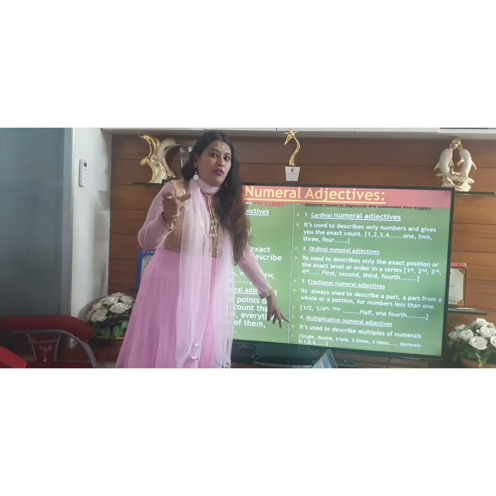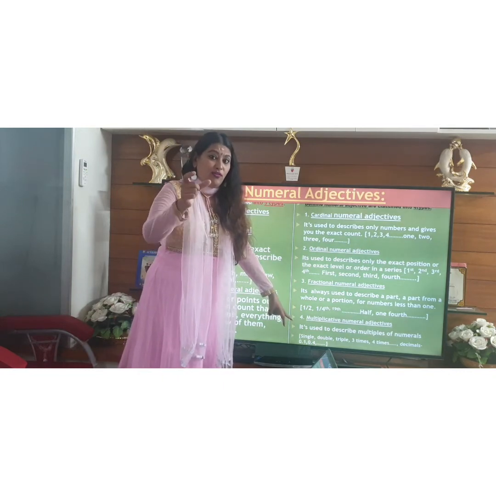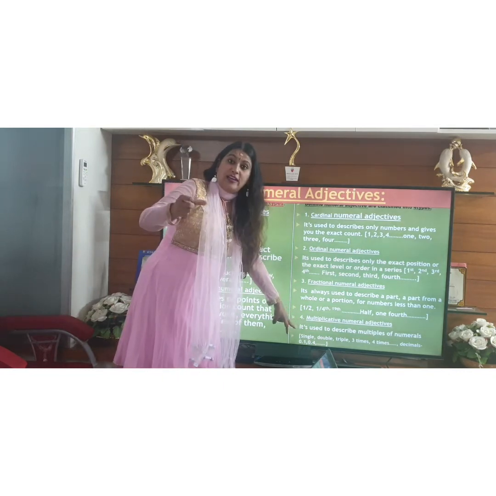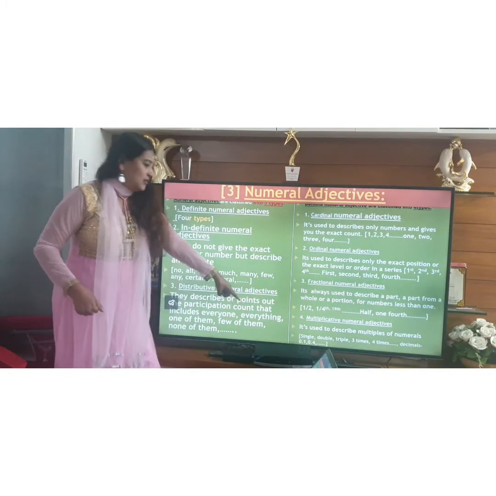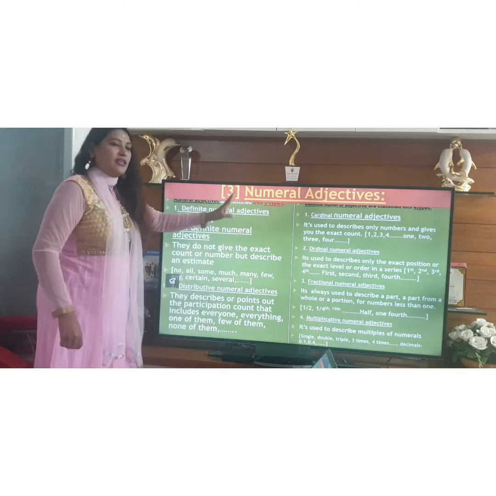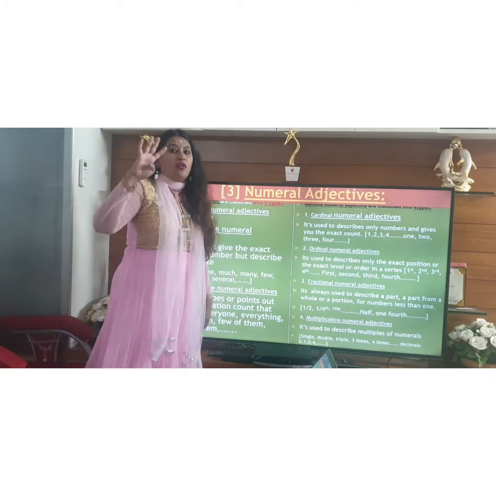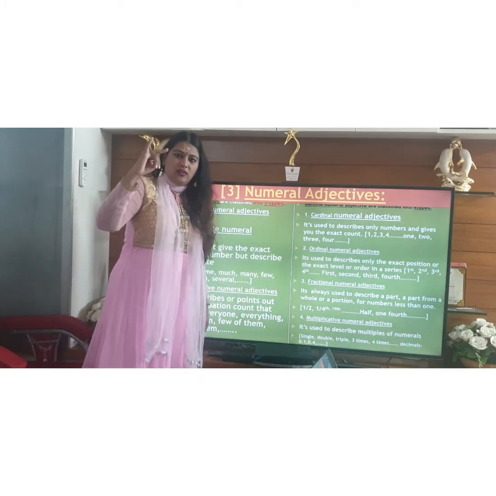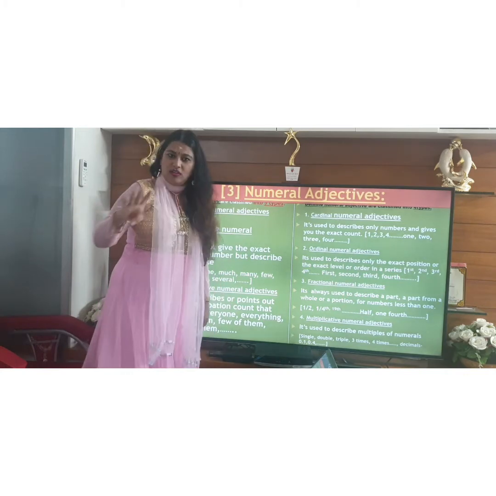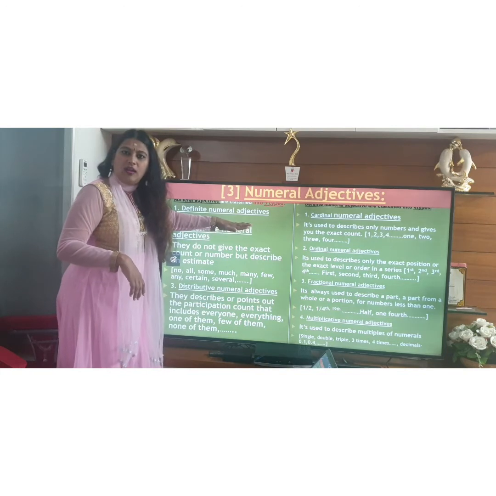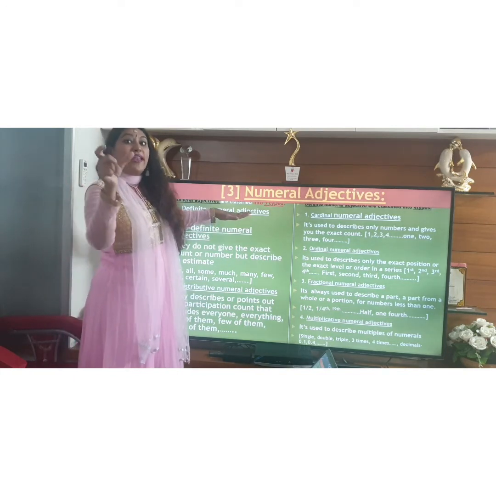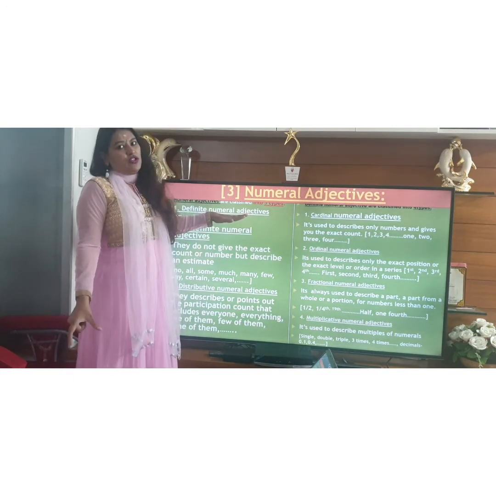Thrice of it, double of it, single, right? 3 times, 10 times, or 50%, right? So these are the 4 classifications: cardinal, ordinal, fractional, and multiplicative. Sorted? Okay, so the definite numeral adjective is clear to you all? Anything which you can count and it gives you a definite number is a definite numeral adjective.